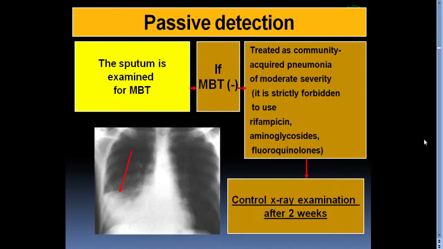If after the sputum examination Mycobacterium is negative, we should treat this patient as community-acquired pneumonia of moderate severity. It is strictly forbidden to use rifampicin, aminoglycosides, and fluoroquinolones.